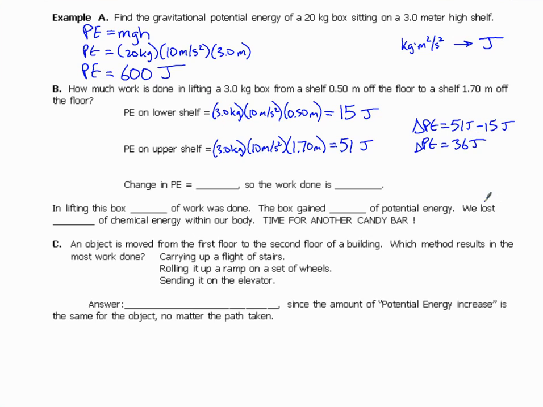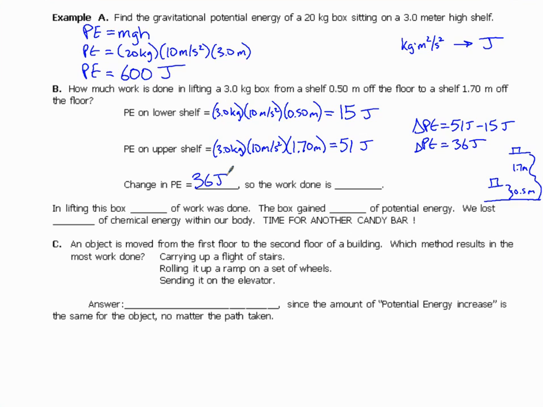If we were going to draw a picture of this, I'd say here's the floor, here's the object on the 0.5 meter shelf, here's the object on the 1.7 meter shelf. The change in potential energy from here to here is 36 joules.